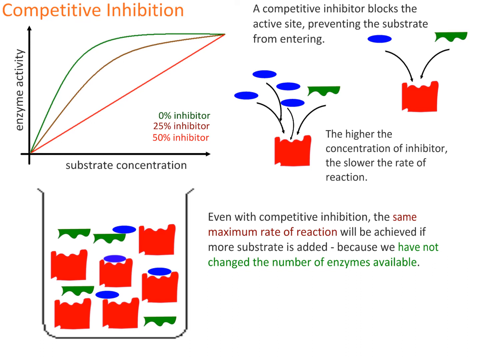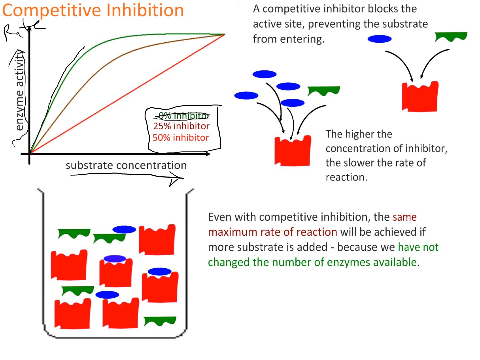Competitive inhibition revisited. We're now interested in looking at how different concentrations of inhibitor molecules affect enzyme activity, or I could say rate of reaction. So let's look at the first one. As substrate concentration increases, at zero, this first one, at 0% inhibitor, we get a normal curve.